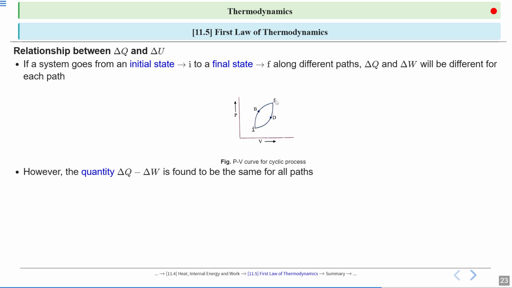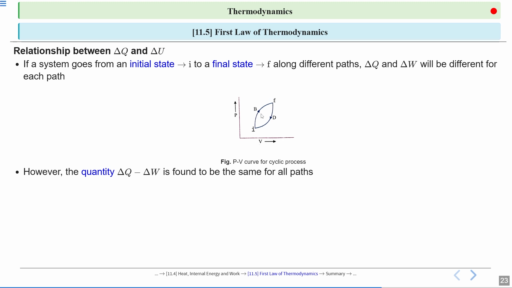Alright. So in both processes, for path B and for path D, the change in internal energy is equal, because it does not depend on the path. You look here, for path B and path D, the initial and final positions are the same.